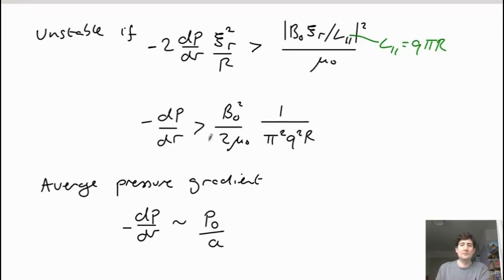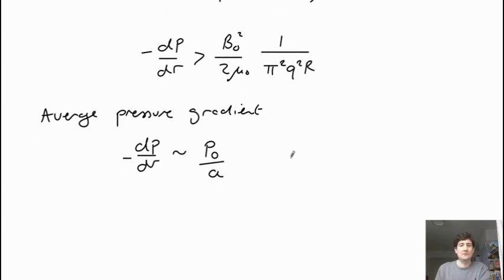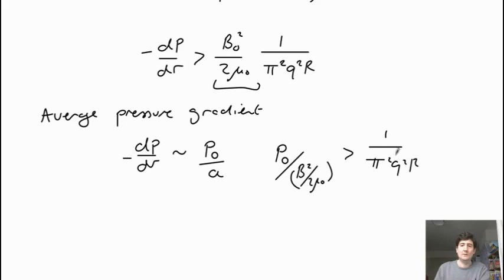Then we can rearrange this a little bit. We can put P naught on the left, and we can take this magnetic pressure, this is magnetic pressure here, on the left hand side. And if that is bigger than this 1 over pi squared q squared R, with this factor of a appearing over here, then it's unstable.